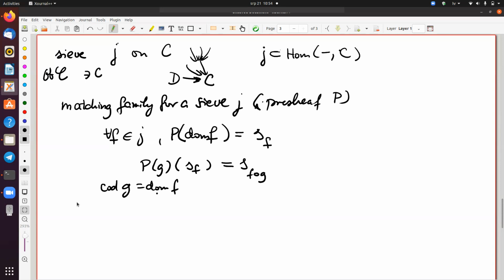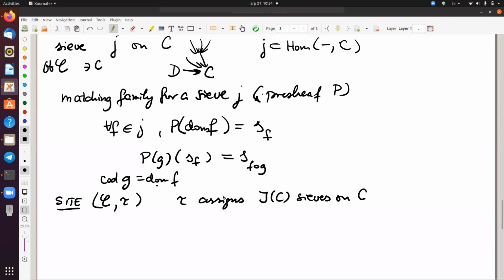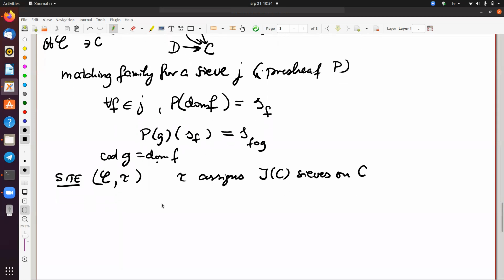And then I defined a Grothendieck topology as some family of sieves. So, a site. I didn't say this word yesterday. A site was a category together with a Grothendieck topology. In a Grothendieck topology, tau was an assignment which assigns to each C a family J of sieves on C, which satisfy some axioms which I explained yesterday.